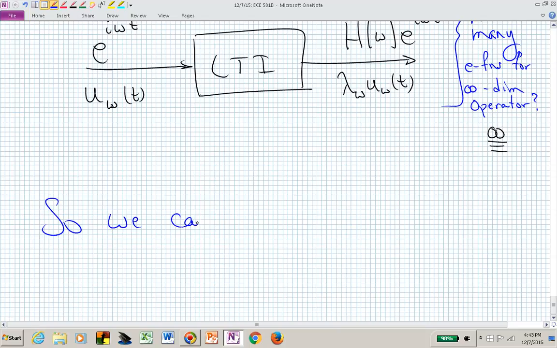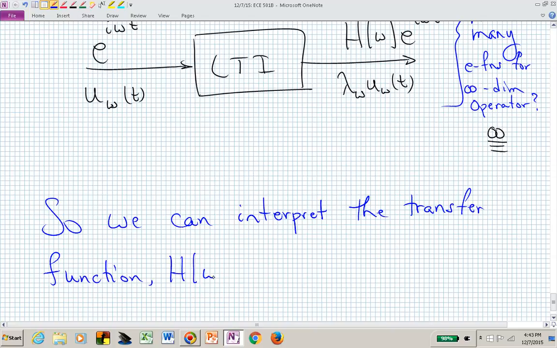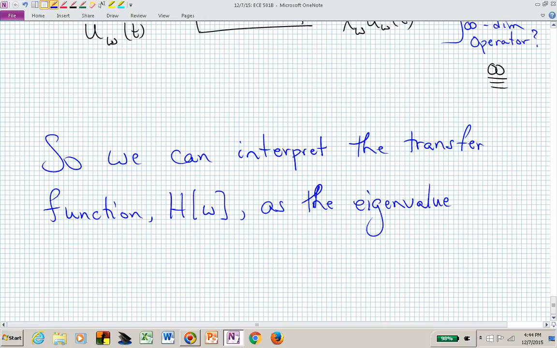So we can interpret the transfer function H of omega as the eigenvalue spectrum of this linear operator T.